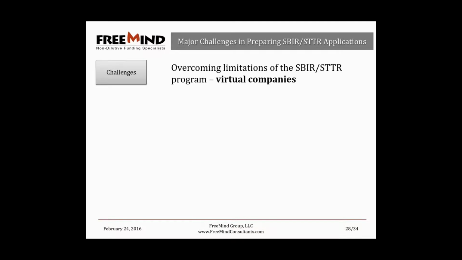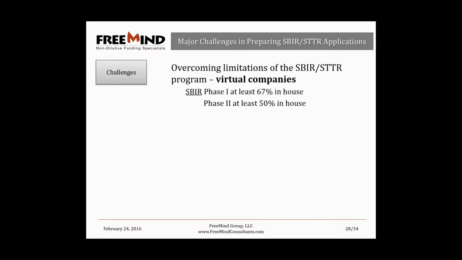And now I would just like to talk about some of the challenges through the SBIR and STTR mechanisms. These awards are, I think, wonderful, but they are not always very easy to get. First of all, one of the challenges that you have to overcome is one that is specifically relevant for virtual companies.